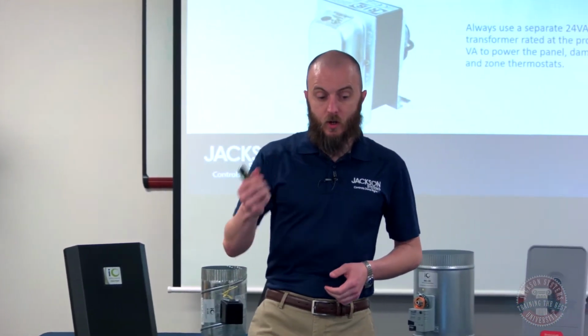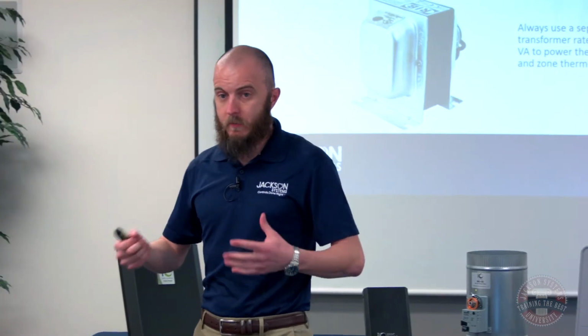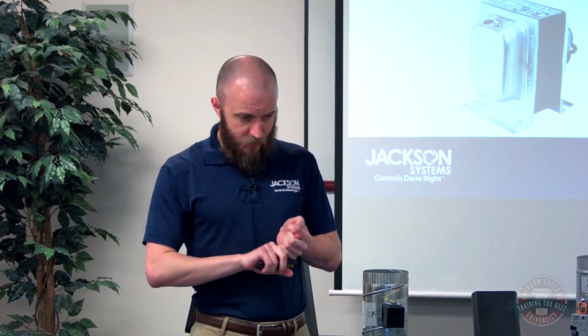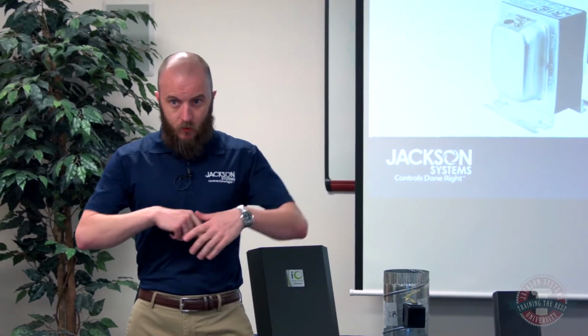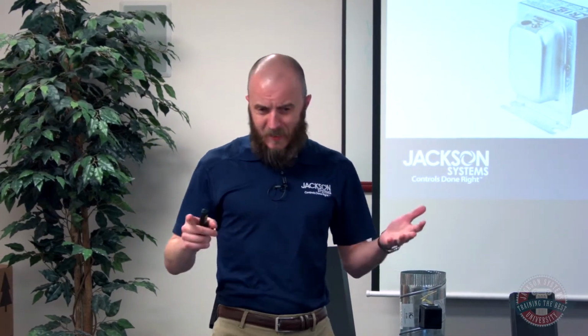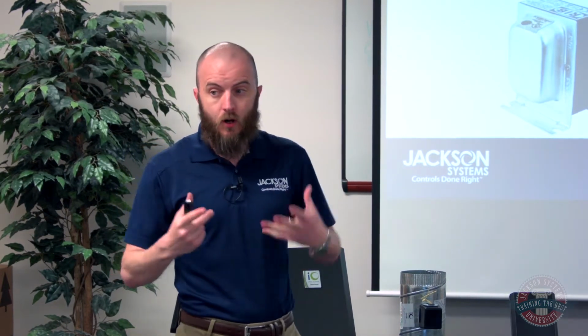So typically your zone system transformer is going to be powering your zone dampers, your thermostats, and your zone panel. So you're going to want to make sure it's properly rated for your total load. The biggest part of that is your dampers. Keep a close eye on what kind of dampers you have and what their draw is in terms of VA to make sure you don't overload that transformer.